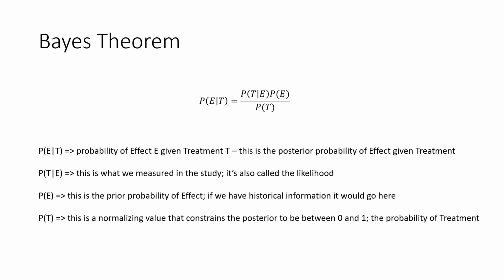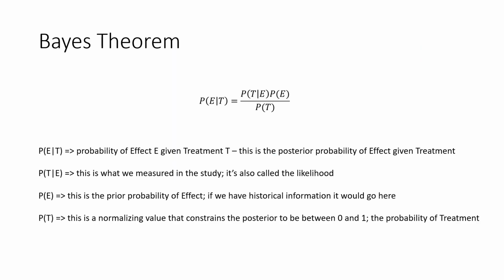And then P(E), in the medical diagnostic example, is the prevalence of the disease. And then P(T) is a normalizing constant, which ensures that the posterior is going to be between 0 and 1. This is also, in our particular example here, the probability of the treatment being true.